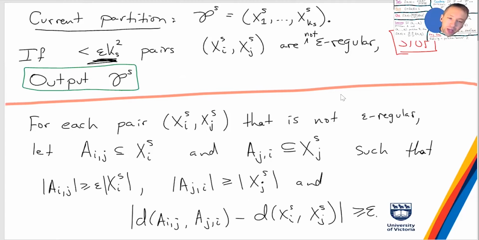So we haven't gotten lucky. There's a lot of pairs that are not epsilon regular. And what we do is this greedy refinement procedure we've been talking about, where for every pair, we find a set.